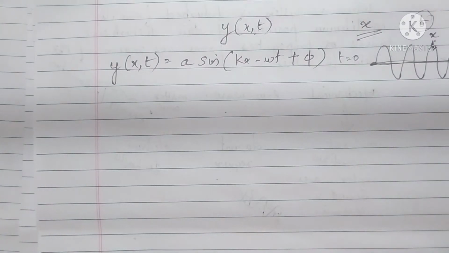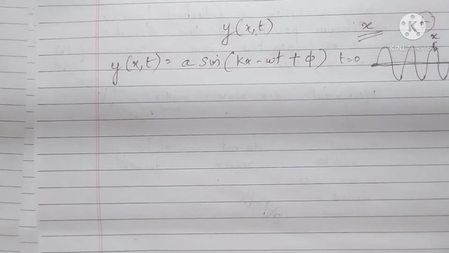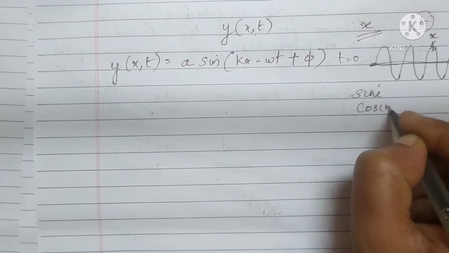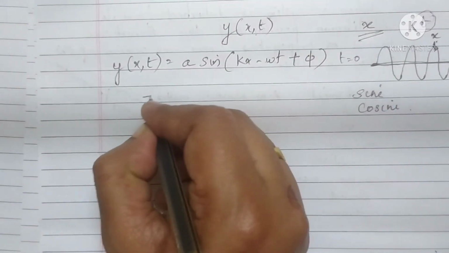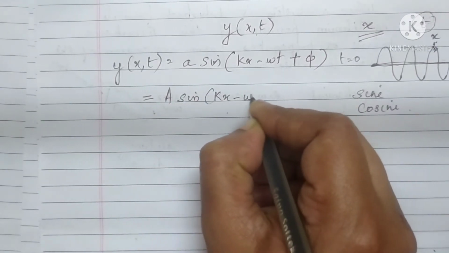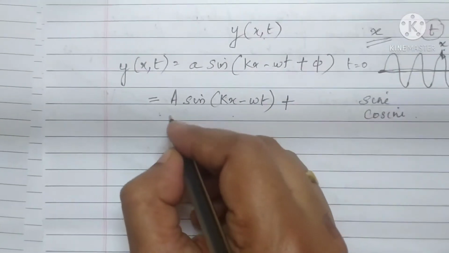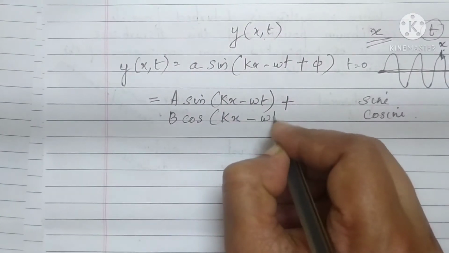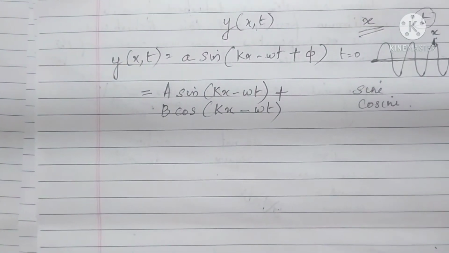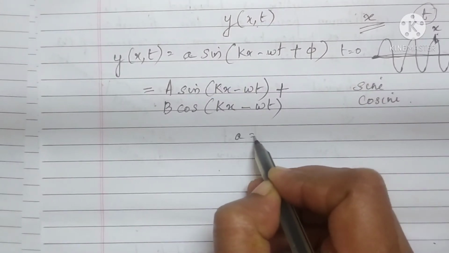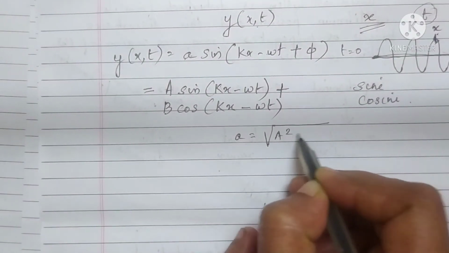And the above equation can also be represented by using a combination of sine and cosine functions, like a sin(kx - omega t) + b cos(kx - omega t), where this a is actually the root of a squared plus b squared.